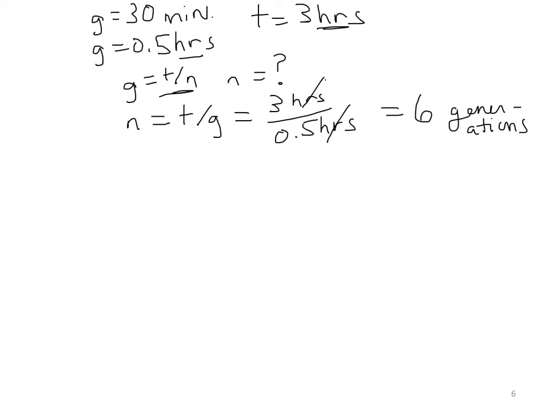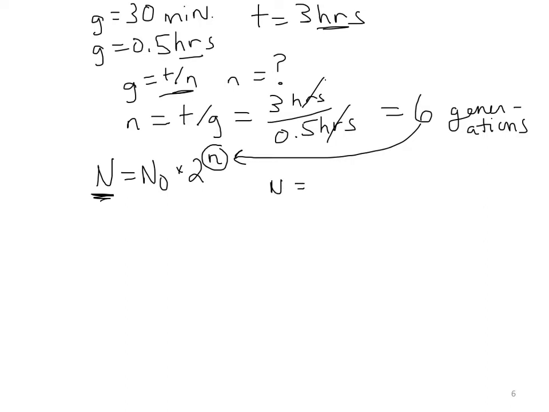Okay, so now that we have that information, we can use this equation. N equals N naught times 2 to the exponent n. We just solved for n in the previous part. It's 6. All right. What about N, and what about N naught? We don't know N. That's what we're interested in, right? So we're solving for big N. We know that little n is 6. And we know that N naught, which is the initial population size, is 100 cells.